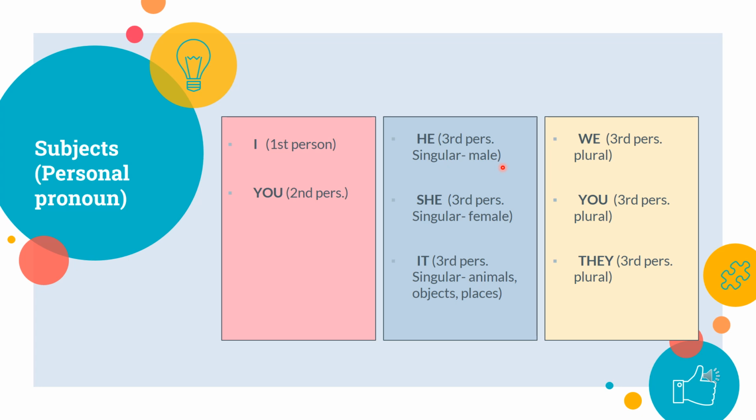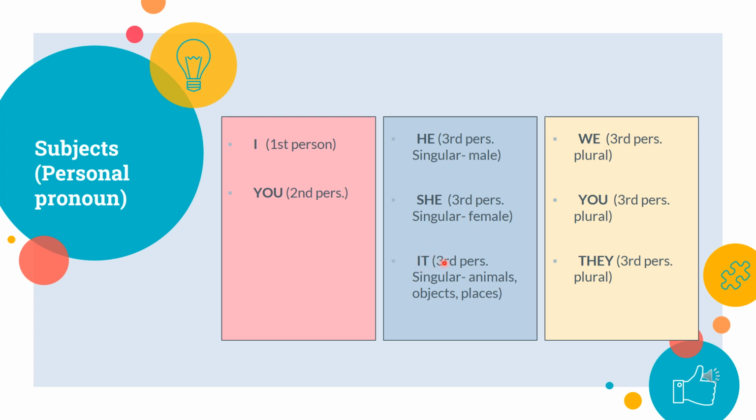Then we have she. She is third person singular, but for female. What is female? Female is girl, woman, lady. For example, Laura, for example, Liliana.